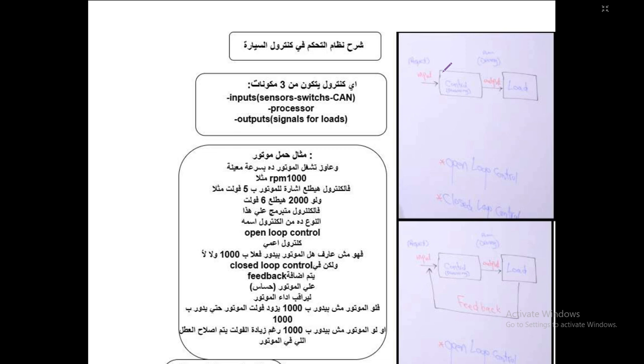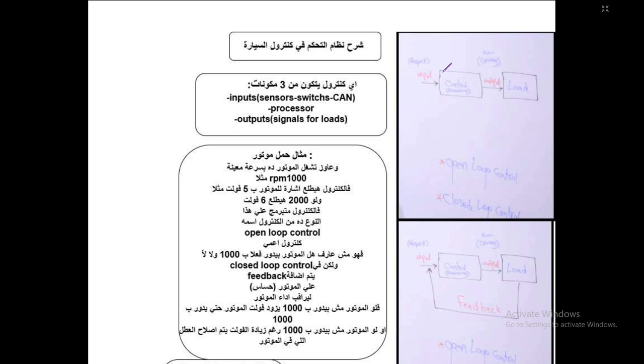For example, let's say we have a DC motor and we would like this DC motor to rotate at 1000 RPM. We have to generate a suitable signal to make the DC motor rotate at 1000 RPM.